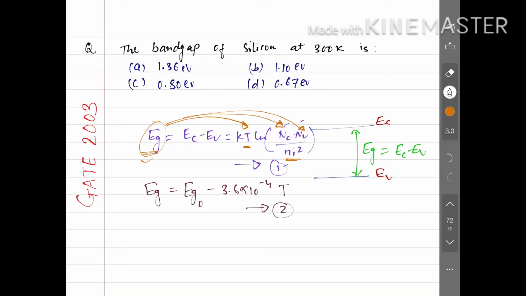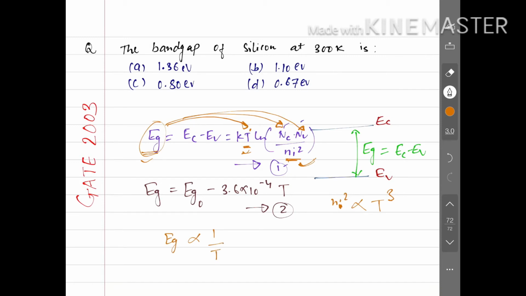Ni squared is proportional to T cubed. Here it is temperature to the power 1, and in Ni you have temperature to the power of 3. So the impact of Ni squared is higher than the impact of T. Overall, Eg is not directly proportional to T, but inversely proportional to T.